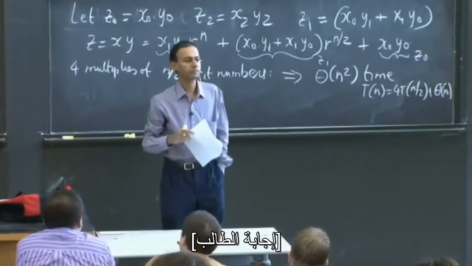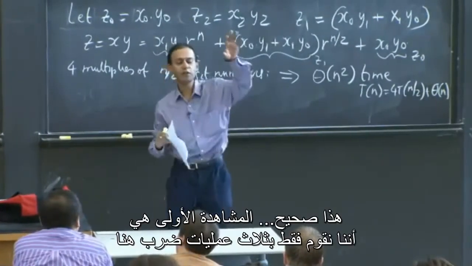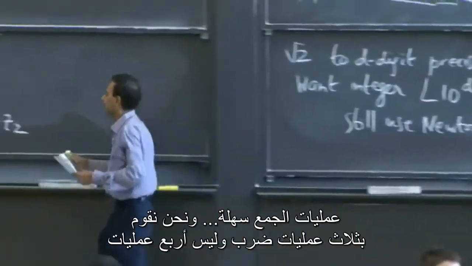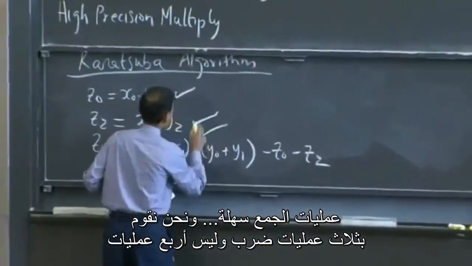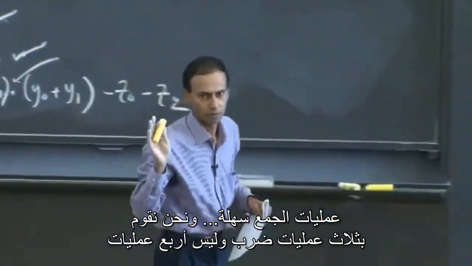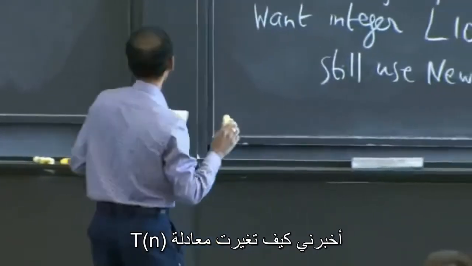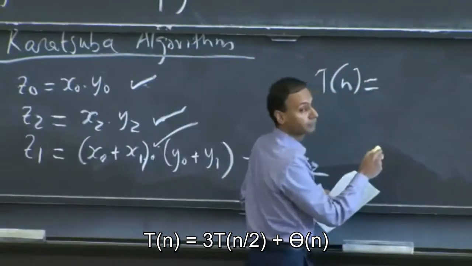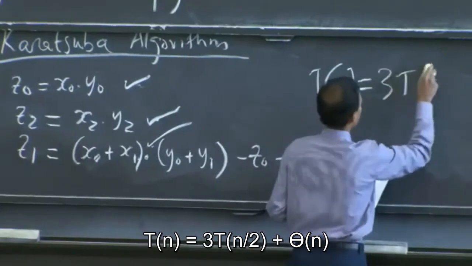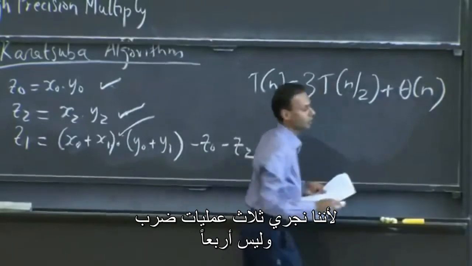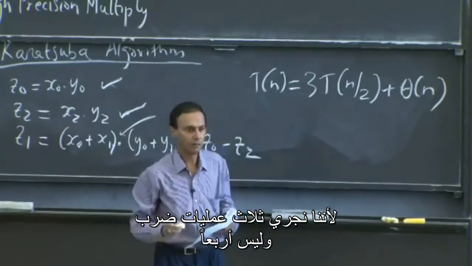You're using 3 products. That's right. So the first insight is that we're only doing 3 multiplications here, as opposed to 4. Additions are easy. So tell me how the equation for Tn changed: Tn equals 3 times T of n over 2 plus theta n, because you're doing 3 multiplications rather than 4.